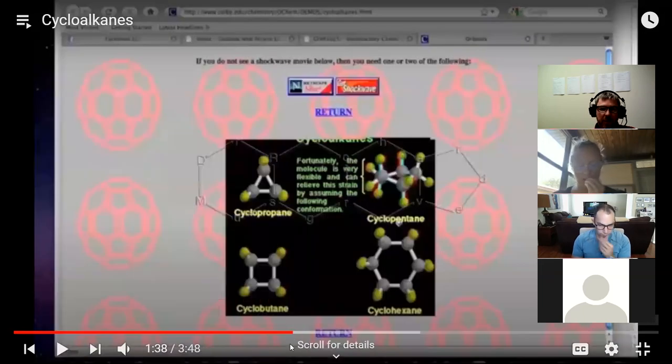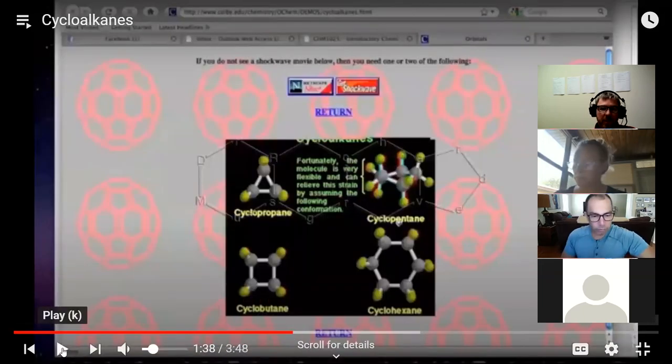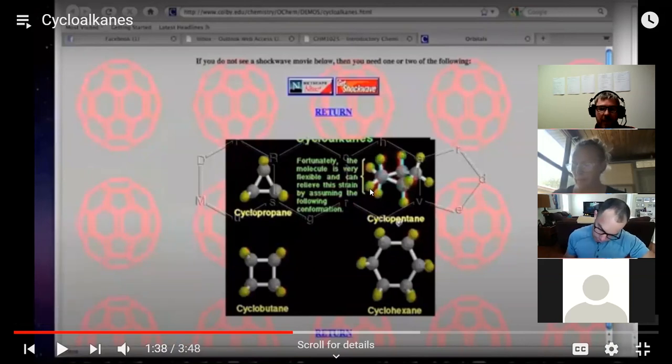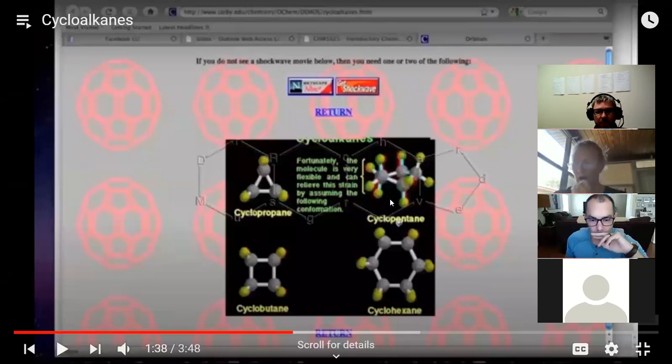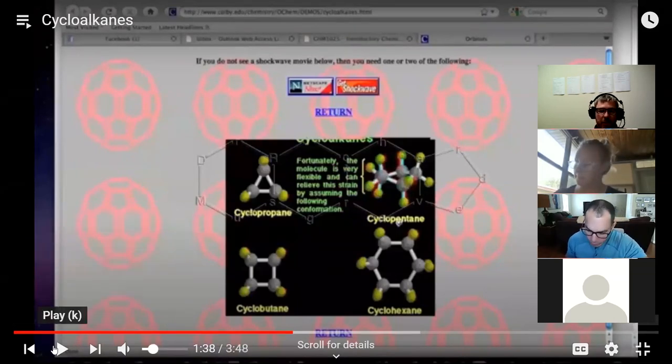Now the next one, the cyclopentane, can shift itself pretty much out of the plane and make it so that the hydrogens aren't eclipsed. The other thing with cyclobutane is 90-degree bond angles, obviously, since it's a square. Cyclopentane, we're a lot closer to 109.5. I think it's 108 degrees, the internal angles of a pentagon, but it's not really a pentagon per se because it twists itself out of the plane and it ends up looking more like an envelope.